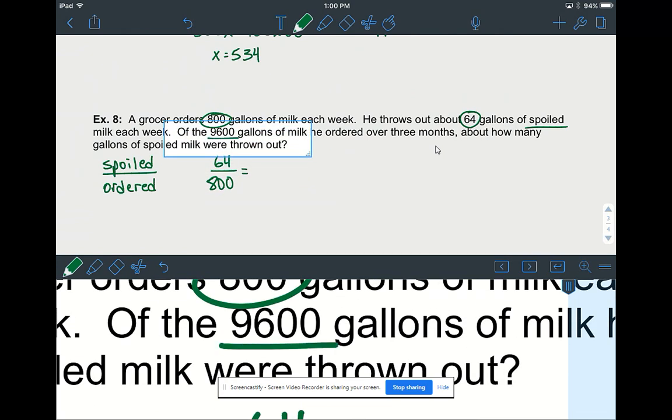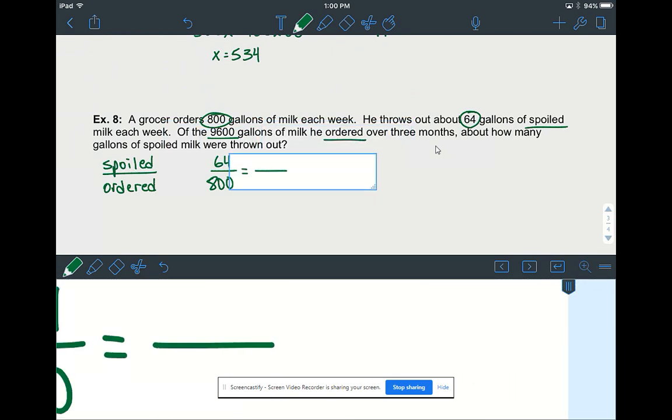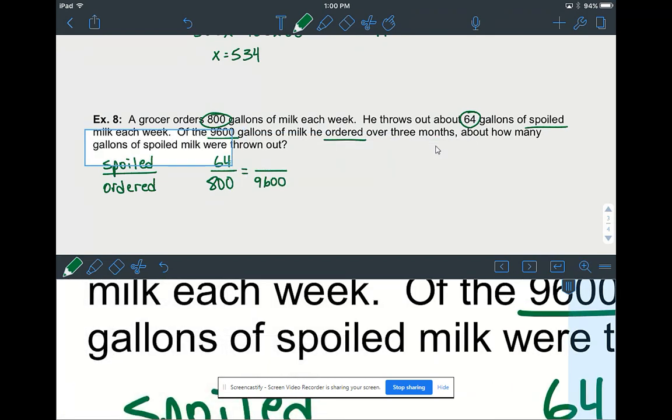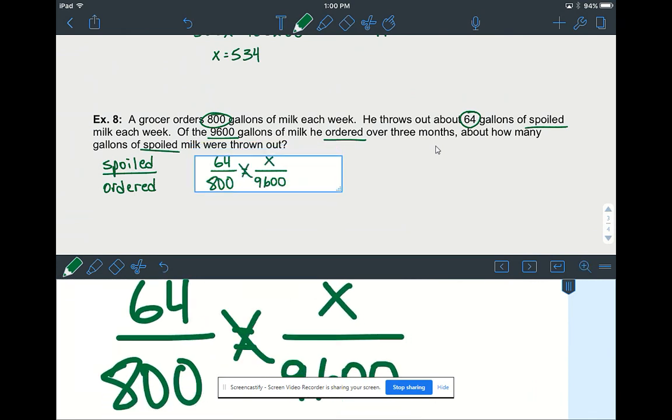So of 9,600 gallons of milk ordered, so that's going to go on the bottom, we want to know how many gallons are spoiled. So x is on top. All right, cross multiply.